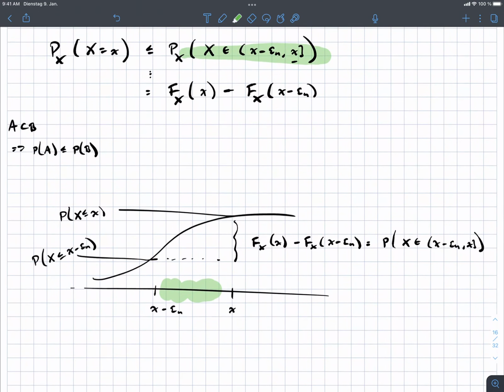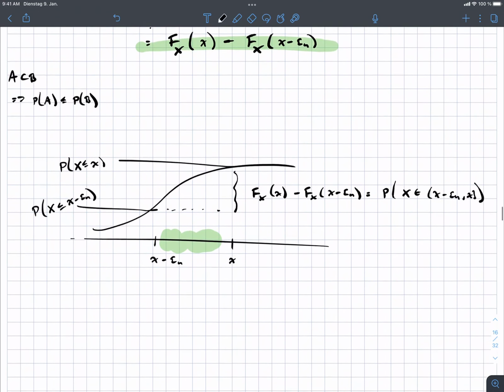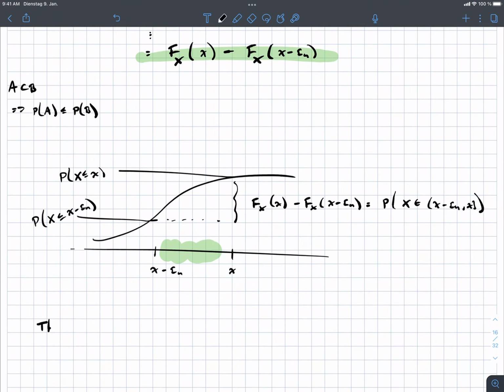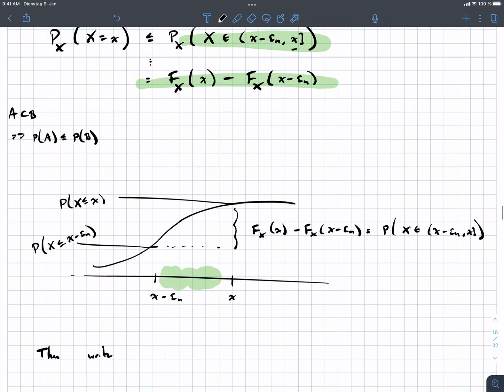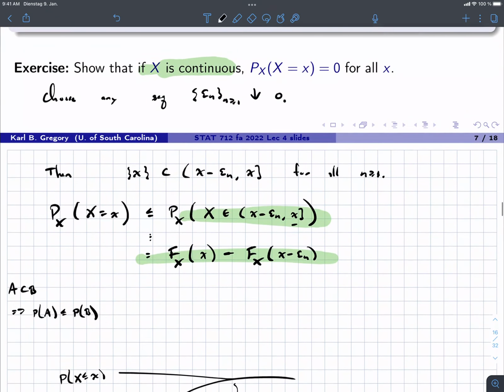Okay, so that's why I wrote this. So having observed that, then we can write, remember I'm trying to show that this is actually equal to 0 for all x in the case where I have a continuous CDF.